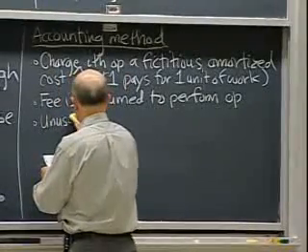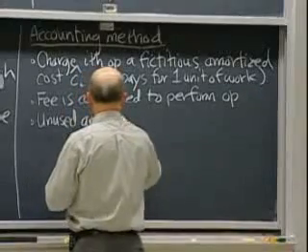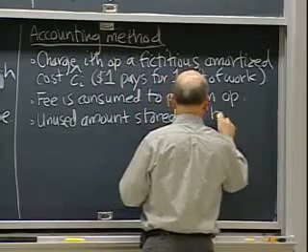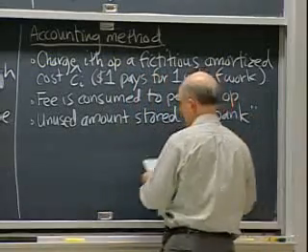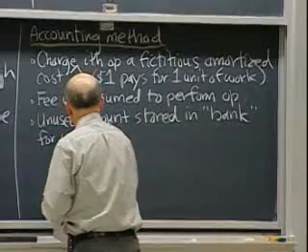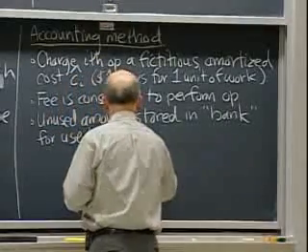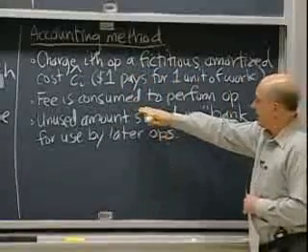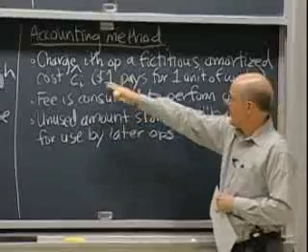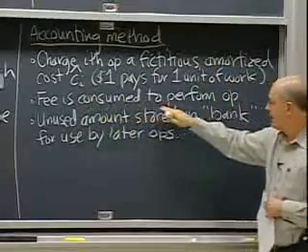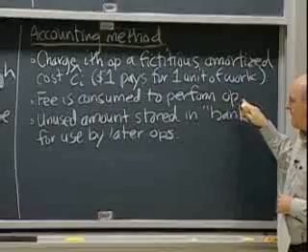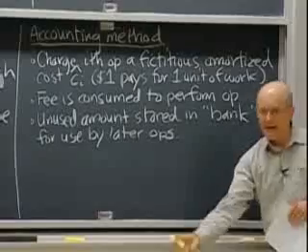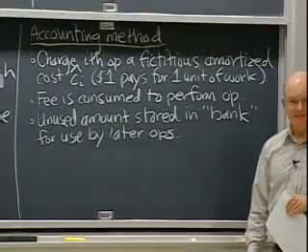So if there's any unused amount, it's going to be stored in the bank for use by later operations. So if the fee that is being paid, the C sub i hat fee, isn't sufficient to pay for performing the operation, then you take money out of the bank to pay for it.